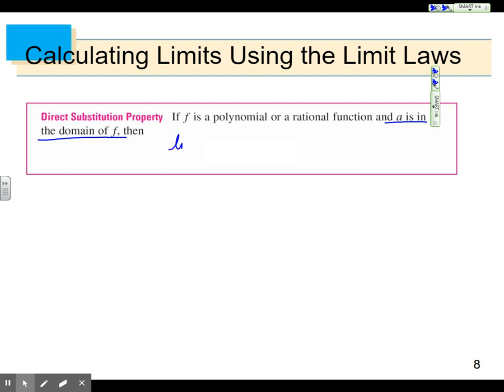In order to take the limit as x approaches A of a function, we can just plug the A into the function. I call these a well-behaved function, all right? They don't go off and do crazy stuff. There's no skips or jumps in them. There's no asymptotes. I call it a well-behaved function just because it's a nice, smooth line that I can plug anything into, and I'm going to be able to find out what the limit is, okay?